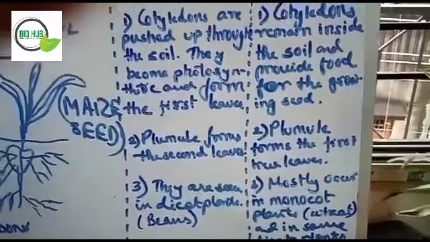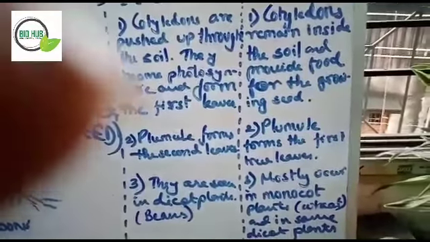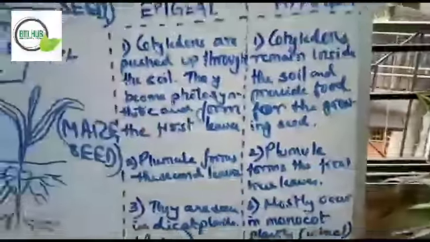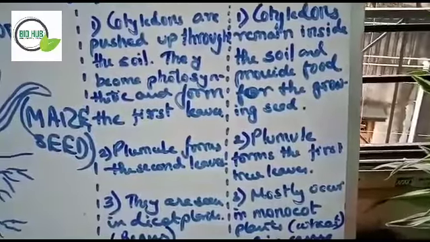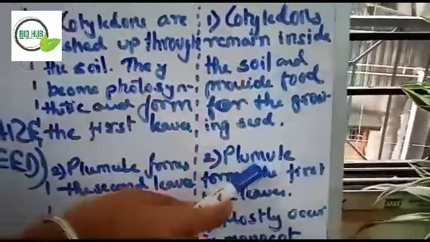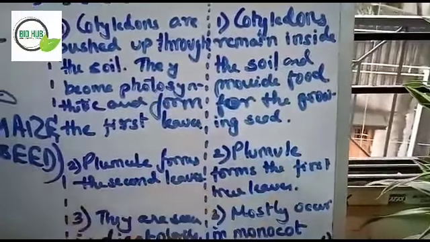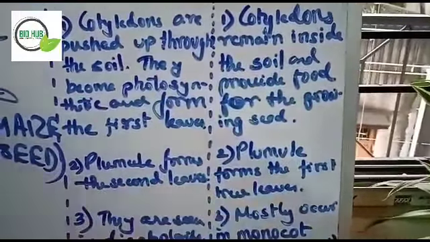The second point: in epigeal germination the plumule forms the second leaves, whereas in hypogeal germination the plumule forms the first true leaves.